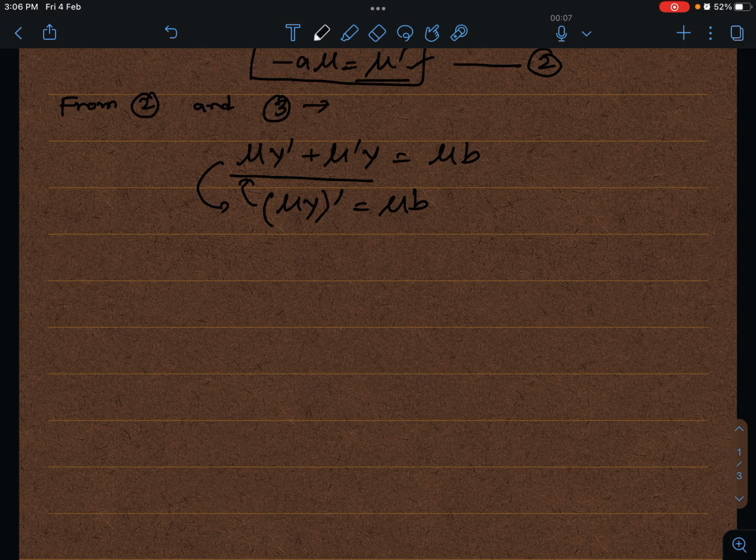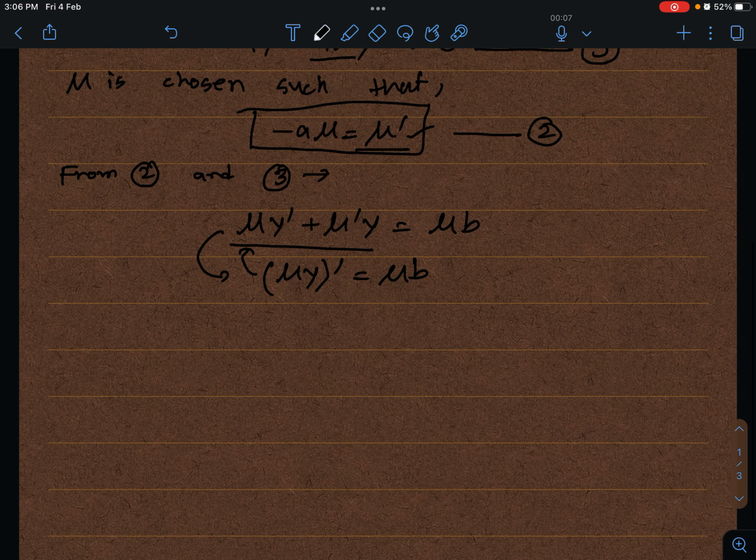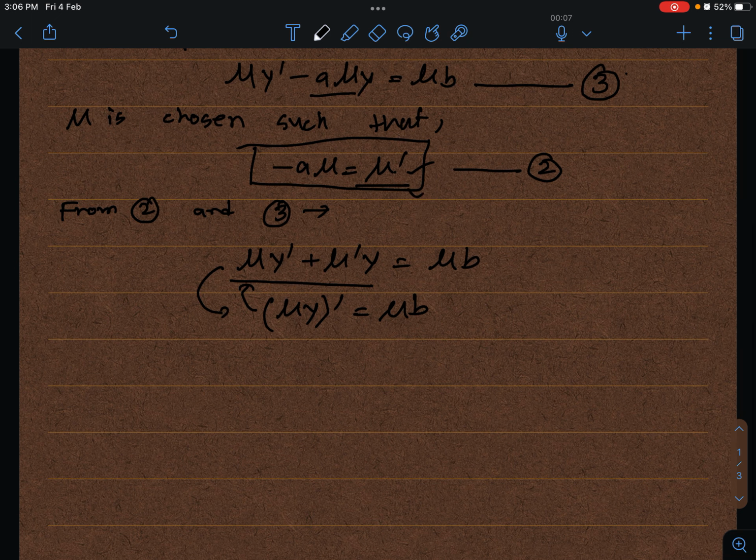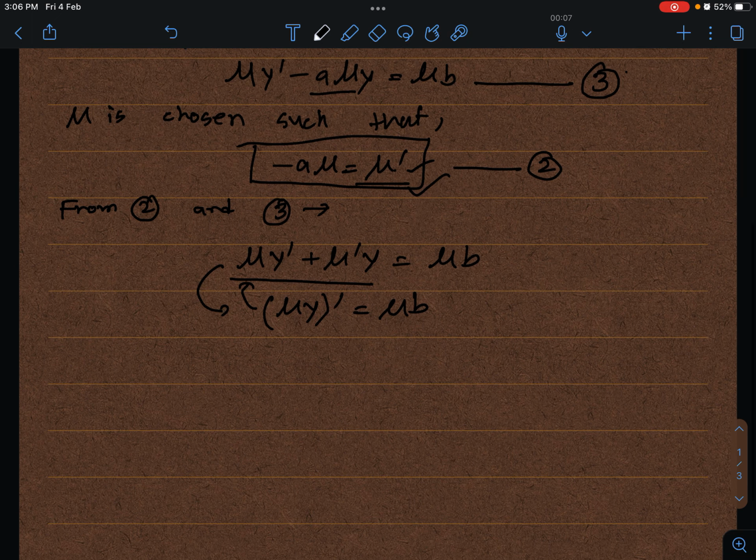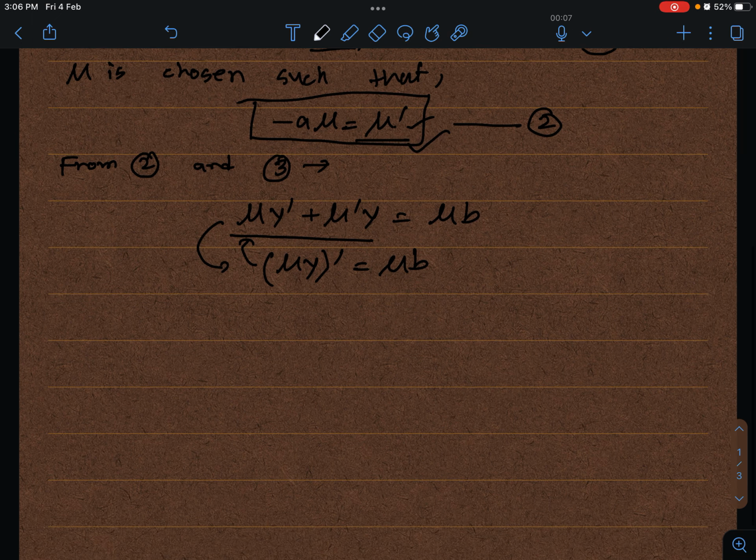Now we have to work with the integrating factor function here. So from 2 we know that mu prime equals minus a mu.